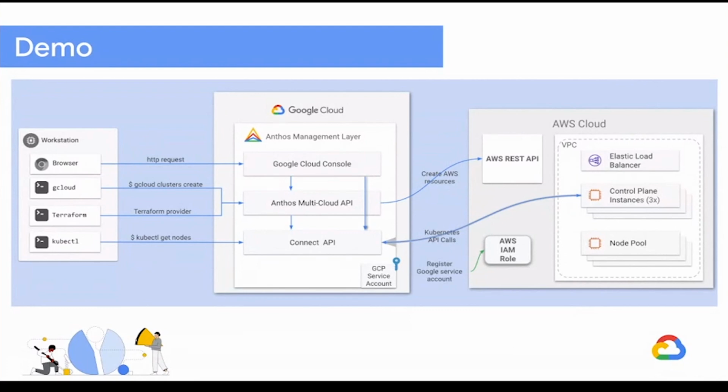Then we'll configure our Anthos Fleet so that it can communicate with the Anthos cluster present in AWS. And this is how you can manage your cluster present in the AWS environment from Google Cloud itself, the same way you manage your Google Kubernetes Engine.